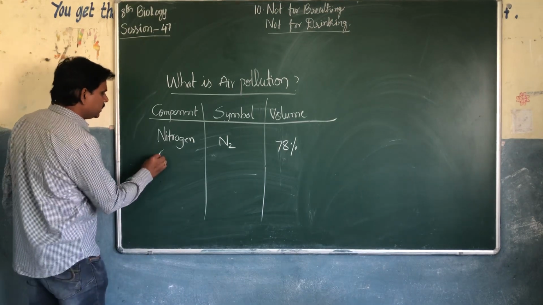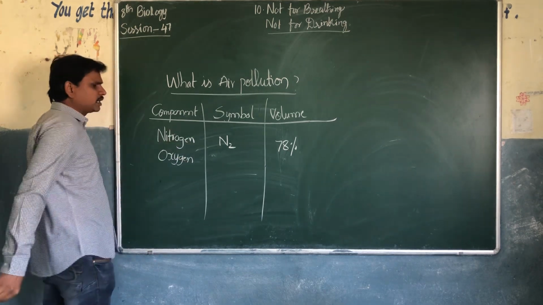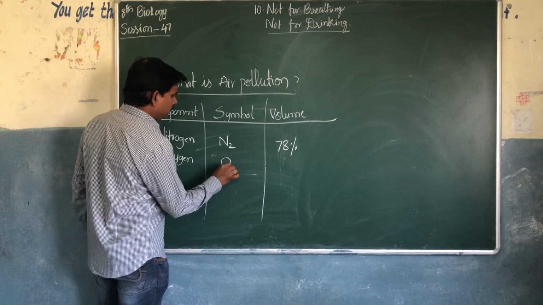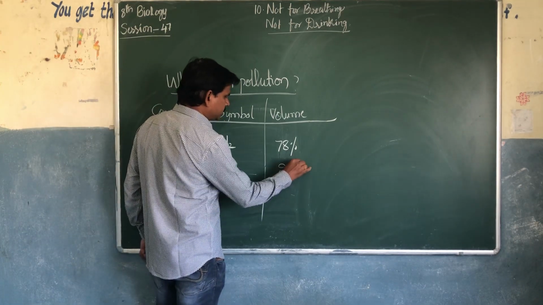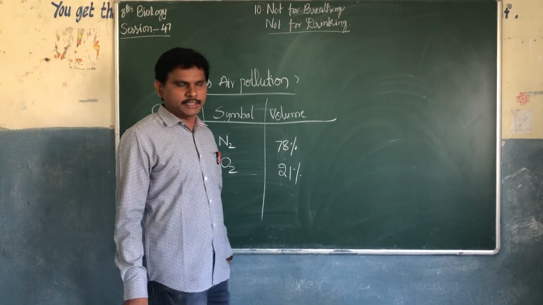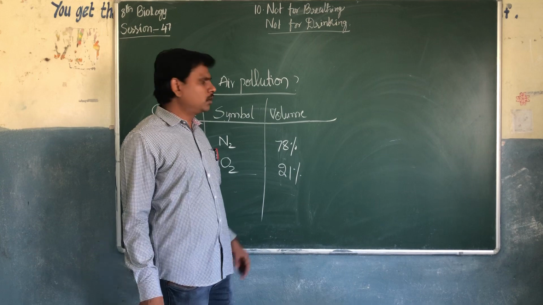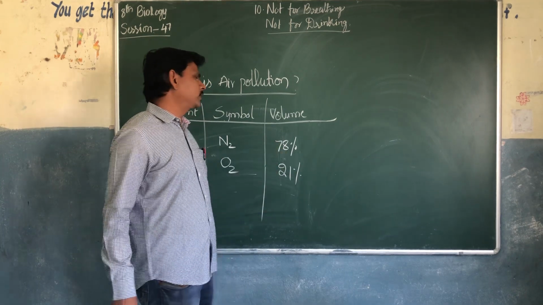The second one is oxygen. Oxygen formula O2, around 20.94%. You can take 21% of oxygen as present in the atmosphere.